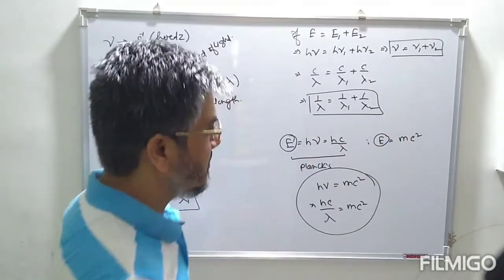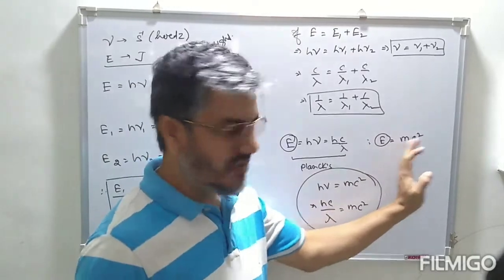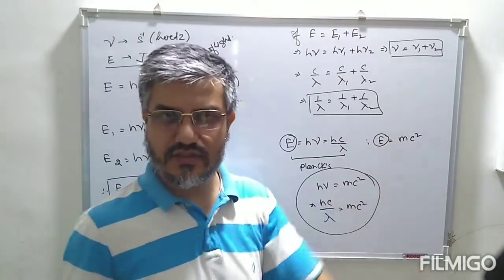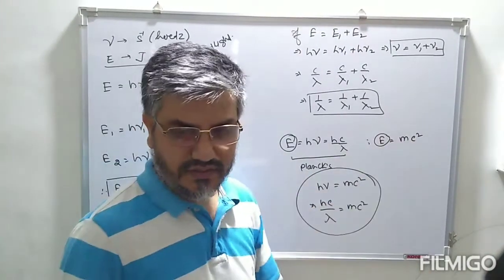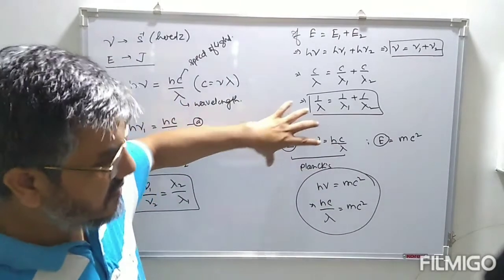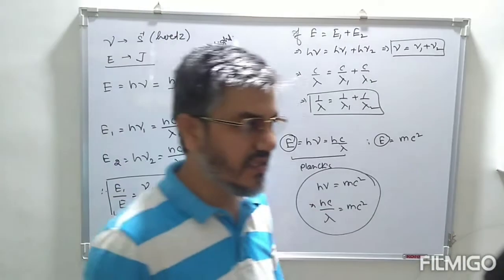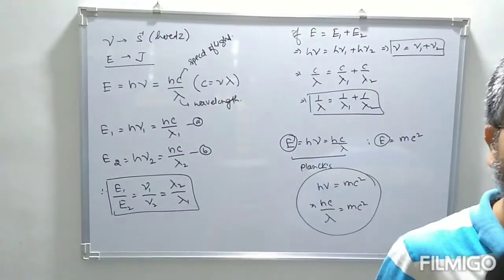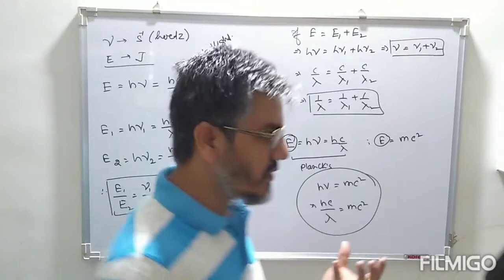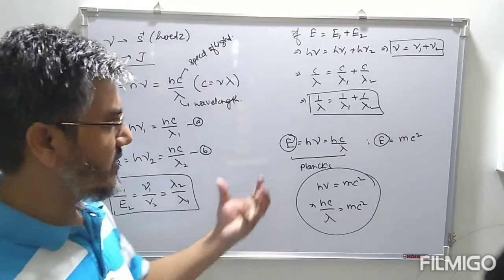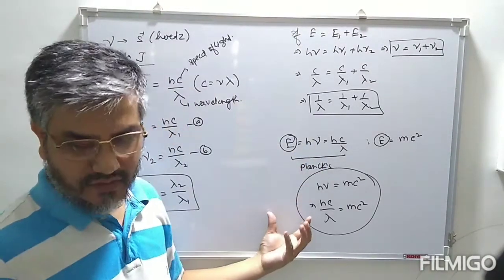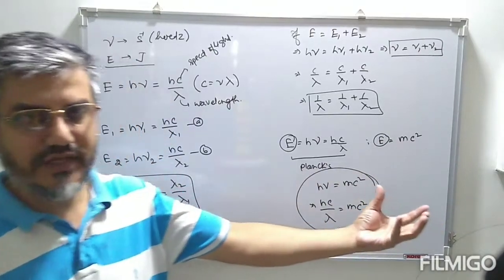So Einstein's theory says light possesses particle nature. This says that it possesses wave nature. So that means light possesses dual character. The dual character is known as dual properties of light, wave as well as particle nature of light.